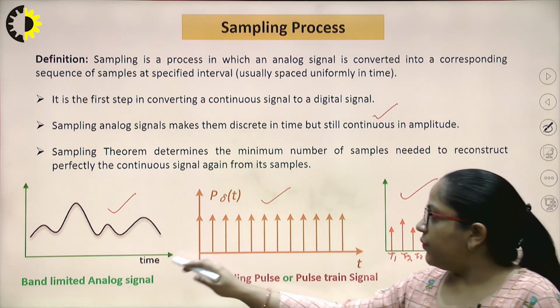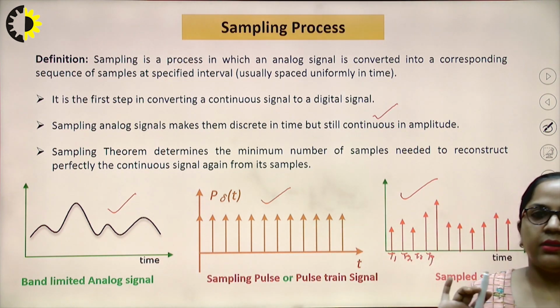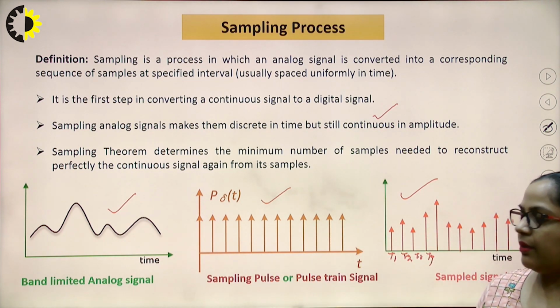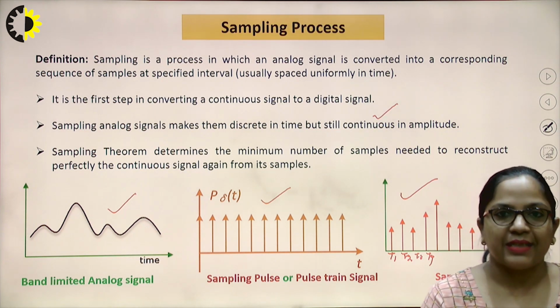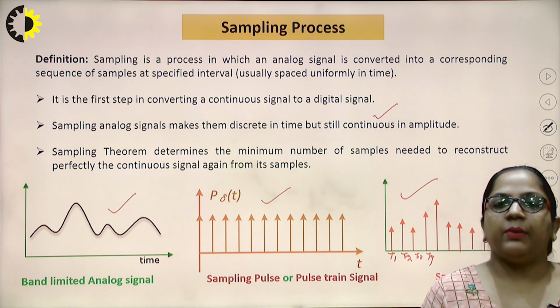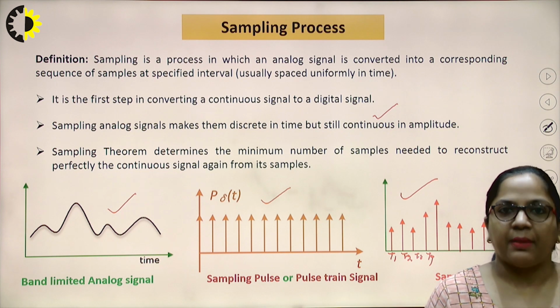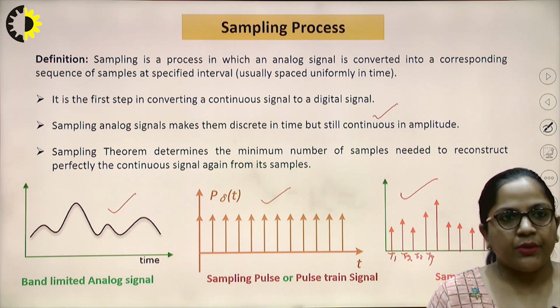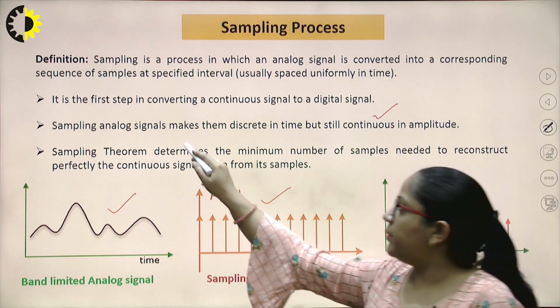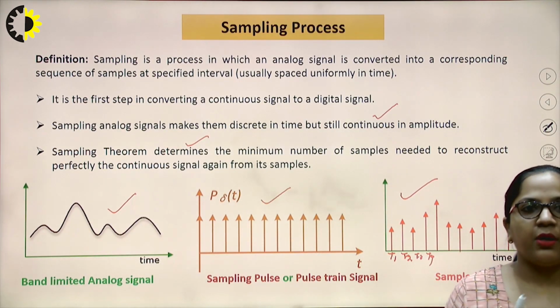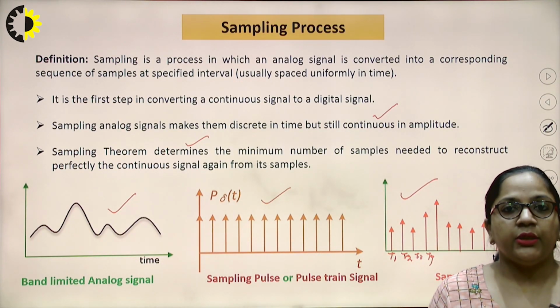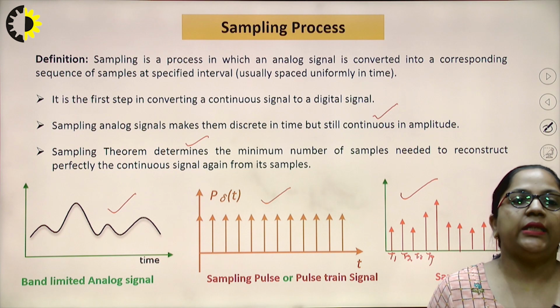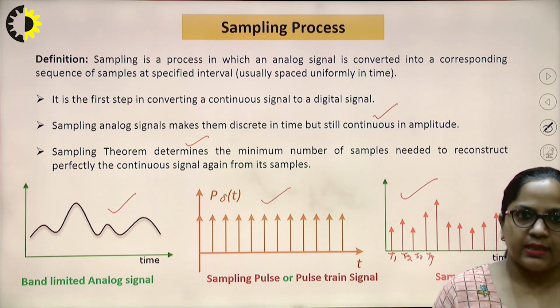Now, how can we perform the sampling? We have understood what sampling is, now how we can perform it. The sampling can be performed with the help of the sampling theorem. What is the sampling theorem? The sampling theorem determines the minimum number of samples required to reconstruct the continuous signal perfectly again from its samples.